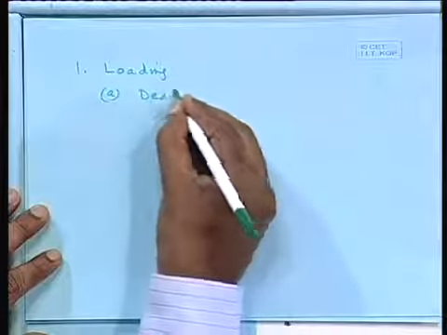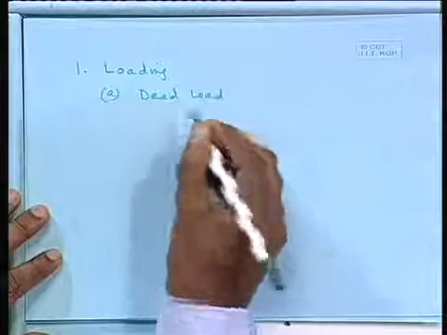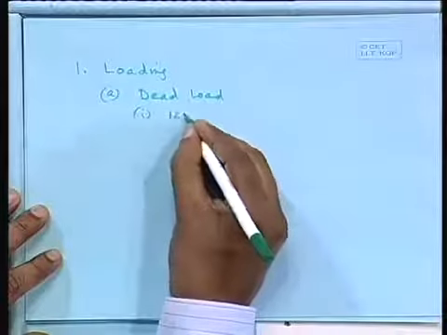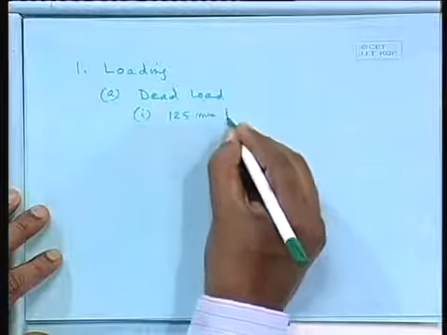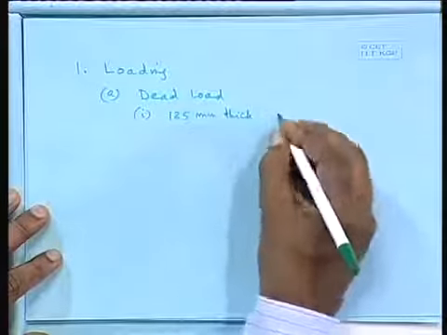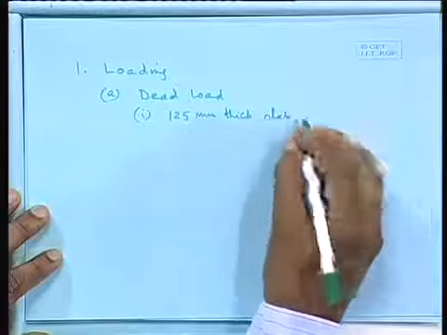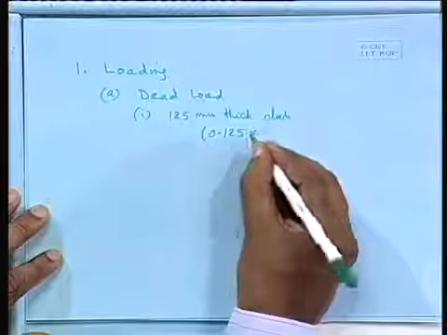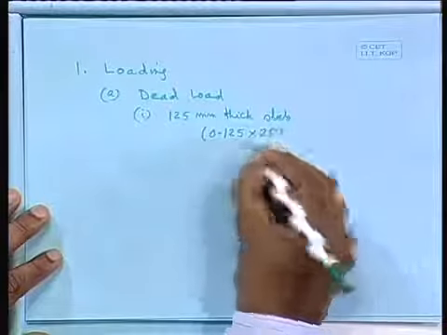Dead load. So, we have 125 millimeter thick slab which comes as 0.125 into 25.